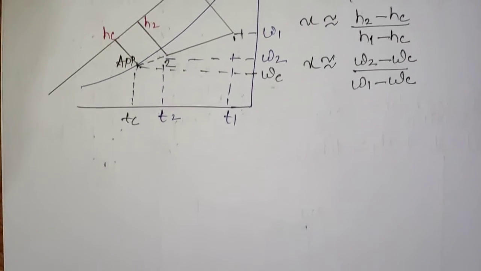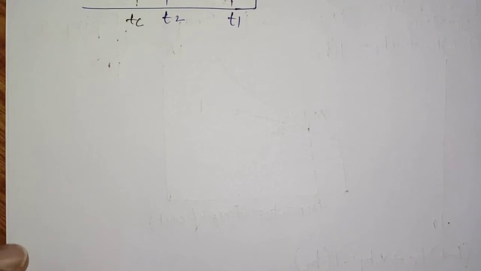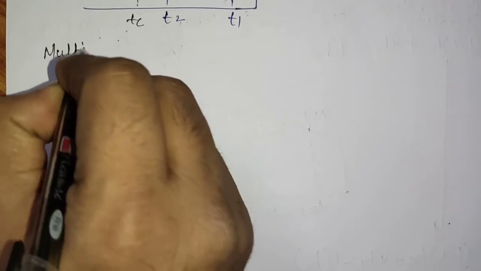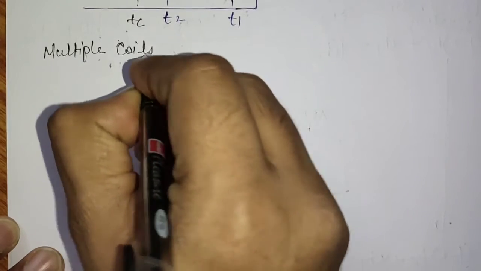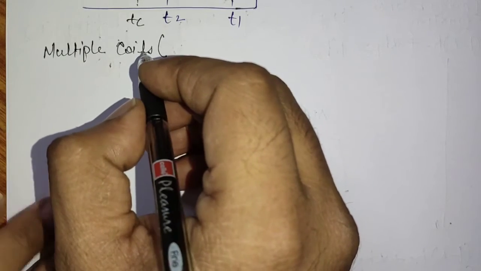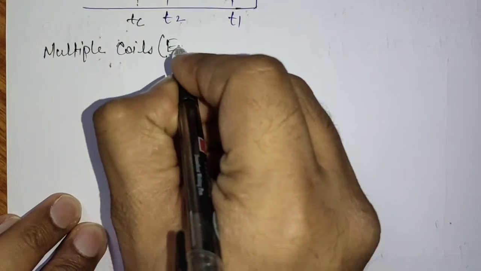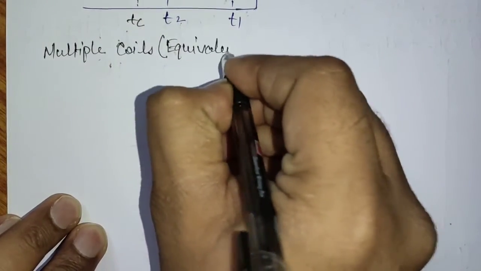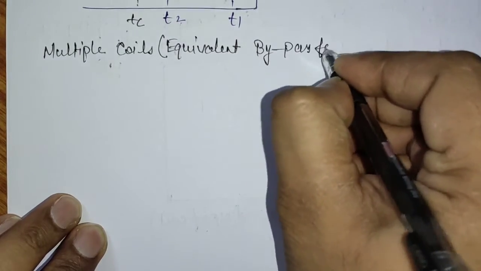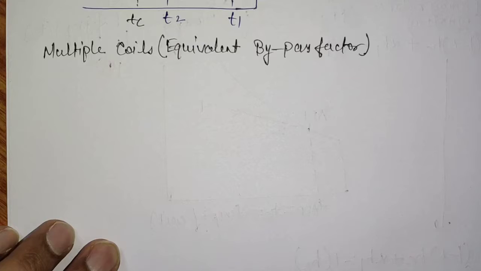Now if multiple coils are used in series, there's not just one coil, multiple coils are used. In that case, we will be trying to calculate the equivalent bypass factor. What happens here?